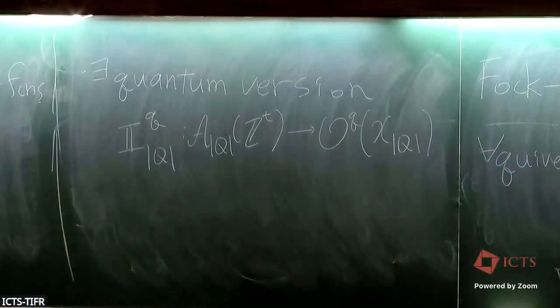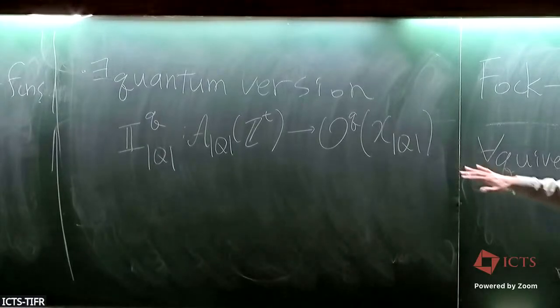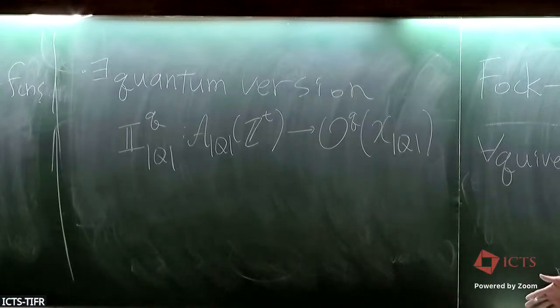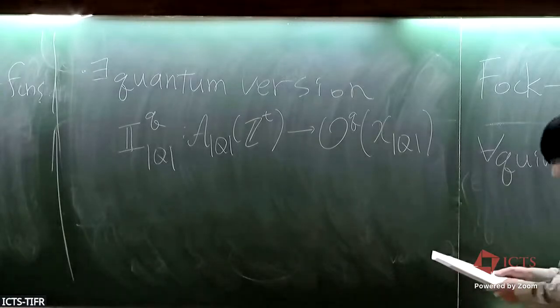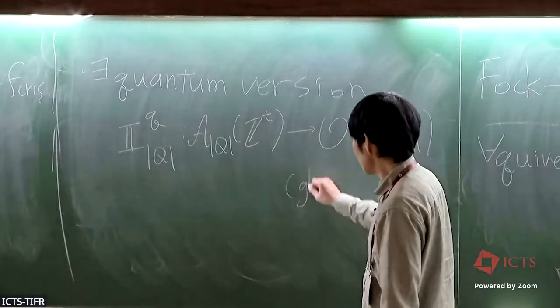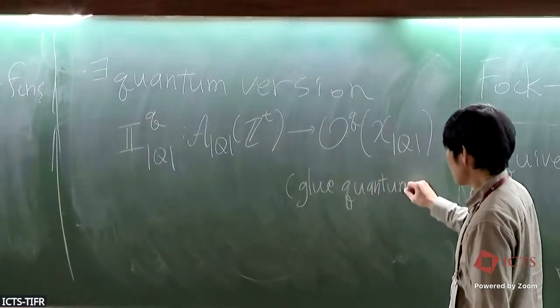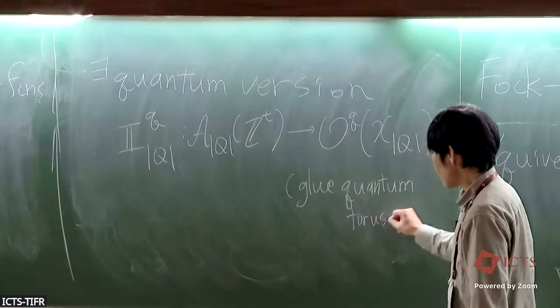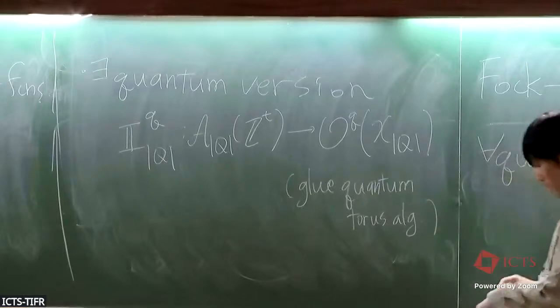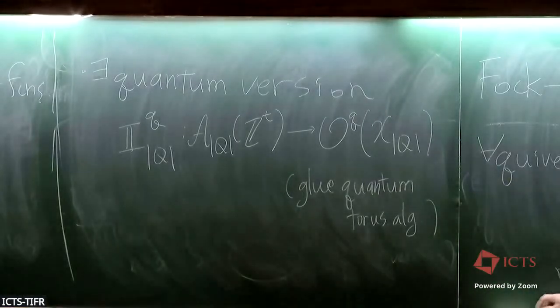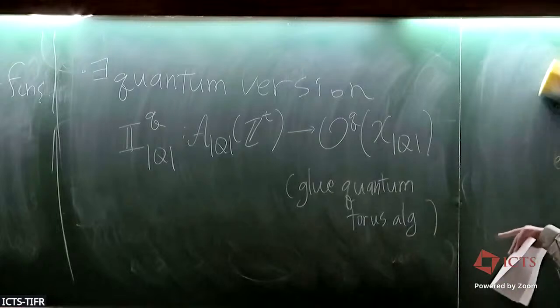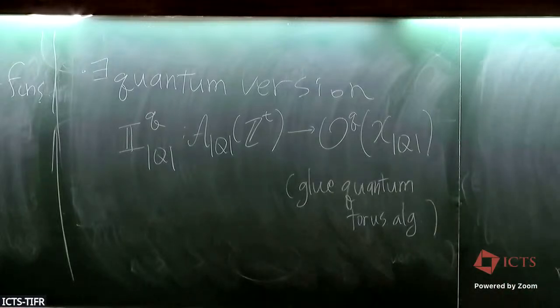So instead of gluing commutative Laurent polynomial rings, now you glue non-commutative Laurent polynomial rings by some non-commutative mutation formulas. You glue what's called quantum torus algebras, which are non-commutative Laurent polynomial algebras where the variables don't commute, but they q-commute. They commute up to some q power. But since I don't have time, I'm not going to write that down.